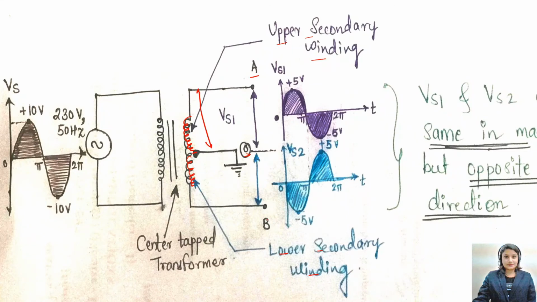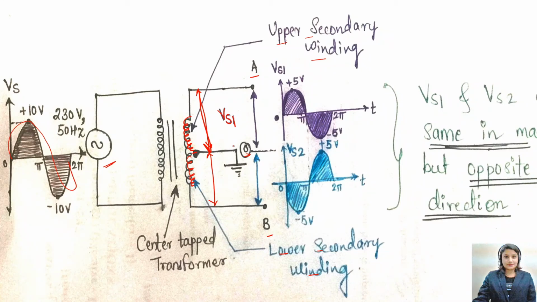So whenever you are applying an AC signal at the primary, the two voltages will be induced in the two half secondary windings. The voltage induced in the upper secondary winding, we call it Vs1, and the voltage induced in the lower secondary winding, I call it Vs2, secondary voltage 2 in the lower winding.